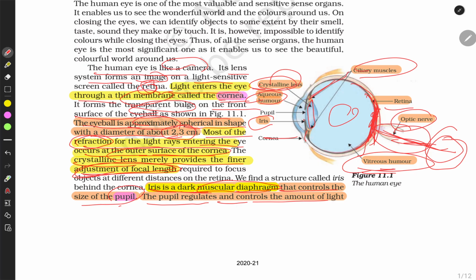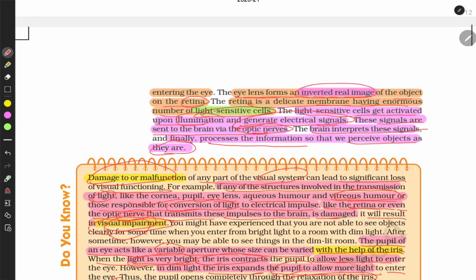These ciliary muscles contract and relax, and this causes the focal length of this lens to change. And when the focal length changes, the focus will be changed. This is how it works.